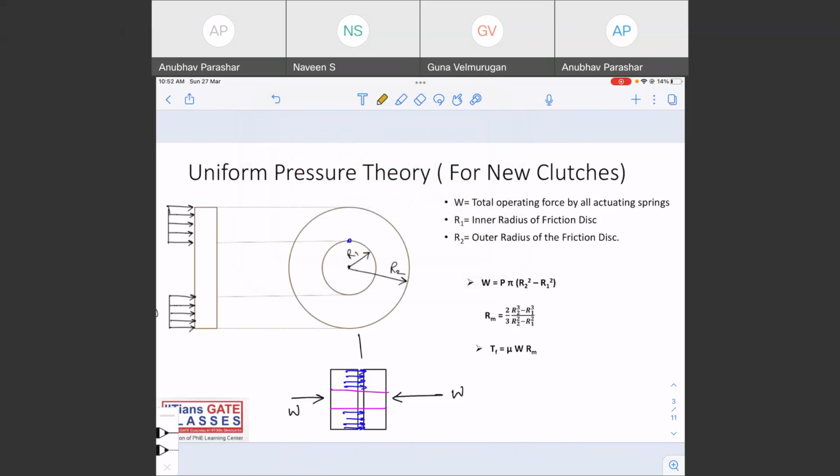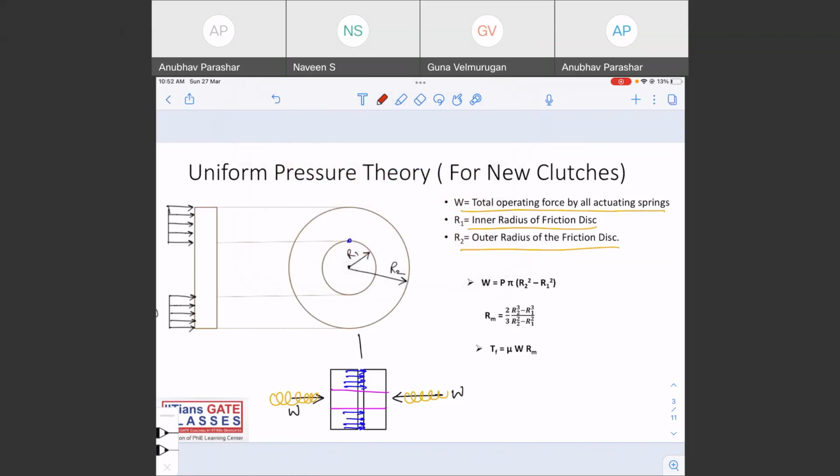If W is the total operating force by all the actuating springs, there are springs applying this force. We don't go into the construction now. R1 is the inner radius, R2 is the outer radius, right? You have to remember three formulas here.